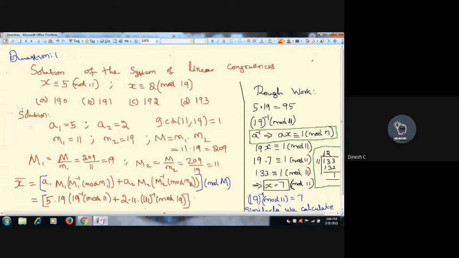And overall mod capital M, that is mod 209.